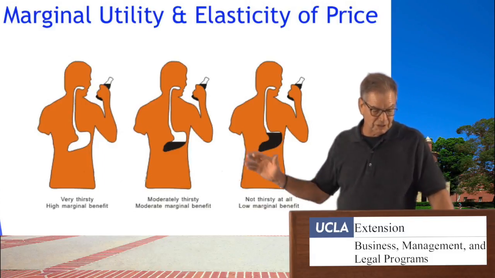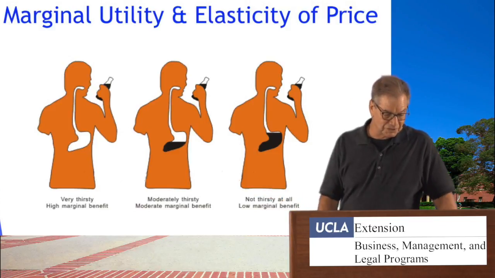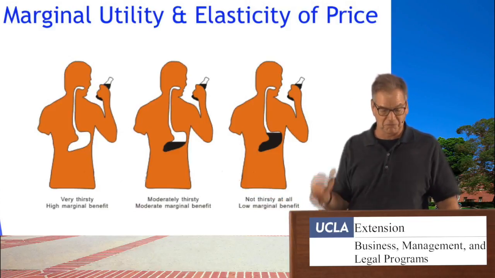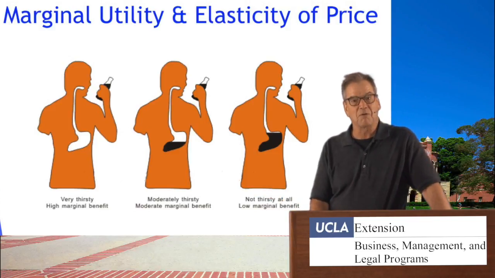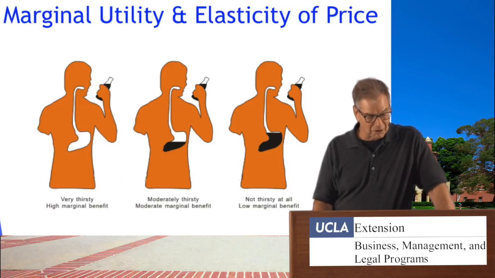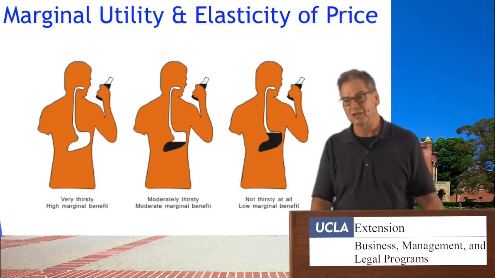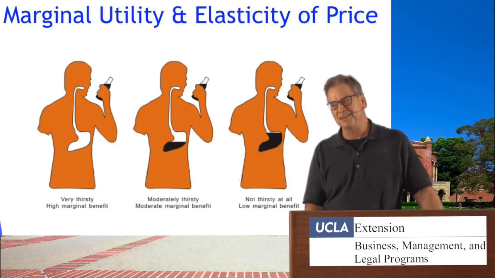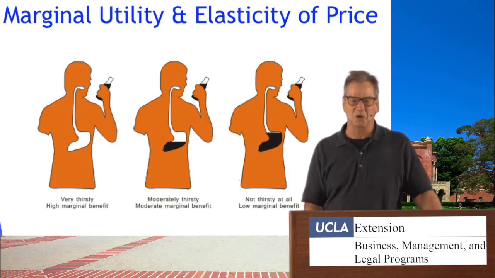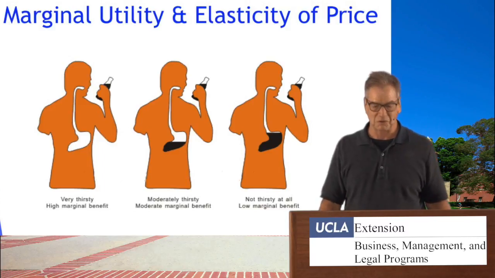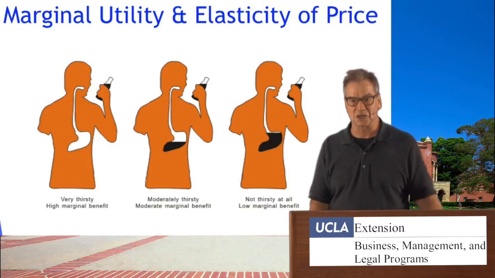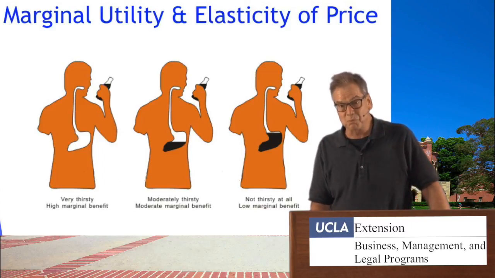The image in the center shows a stomach that's half full. Now we have a moderate thirst, or a moderate marginal benefit that comes from the drink. Do we really need it? Well, kind of yes, but kind of no. Depending on what you're charging, you might need to lower the price.